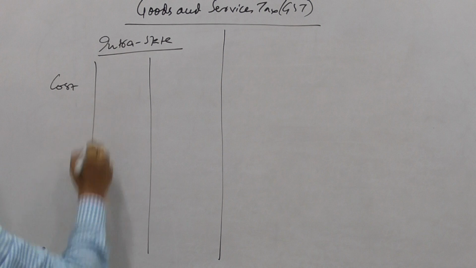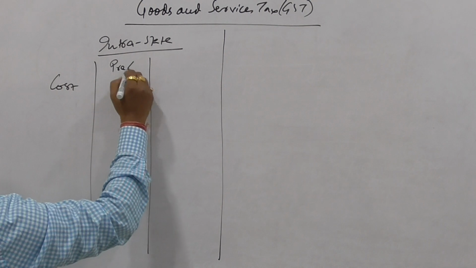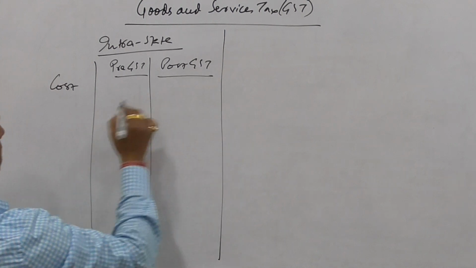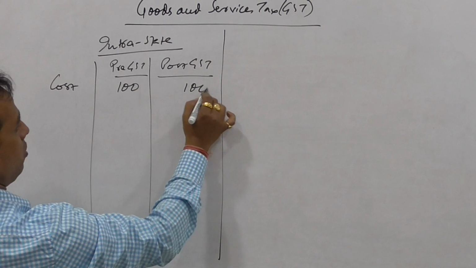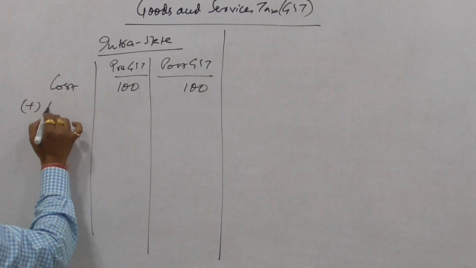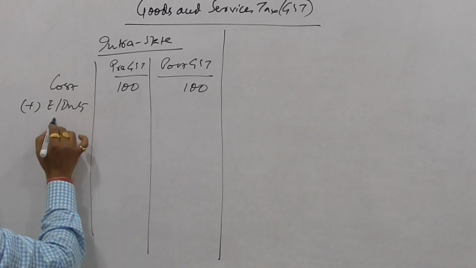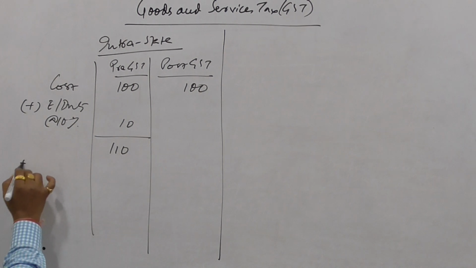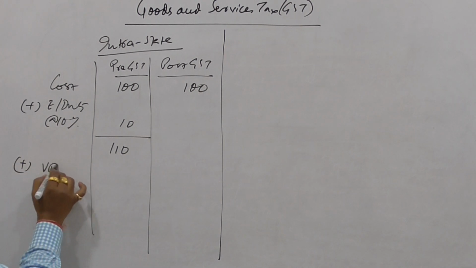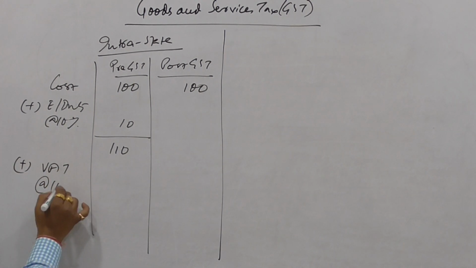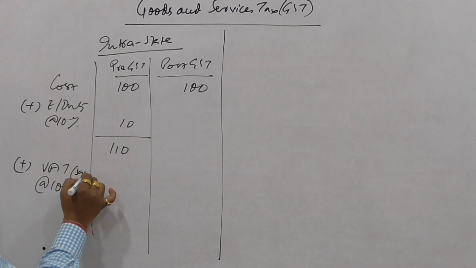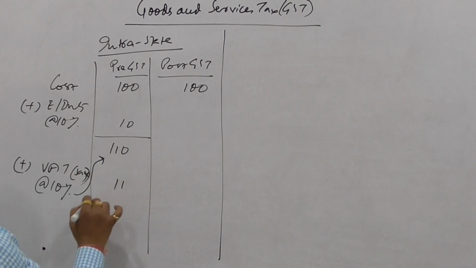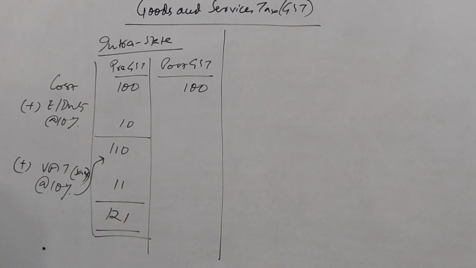Cost in the pre-GST, post-GST. Cost 100, cost 100. Let's say excise duty at the rate 10% for simplicity, 110, plus let's say a VAT at the rate 10%. I am using the word say. This 10% is calculated on this one, this becomes 121.